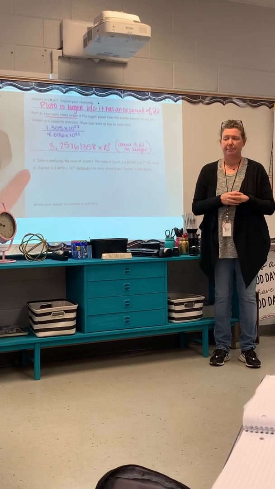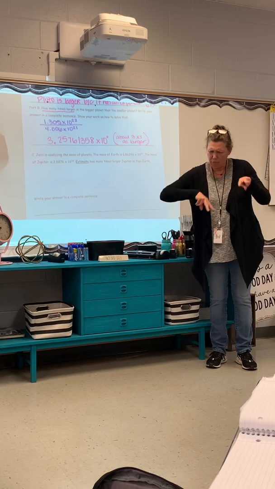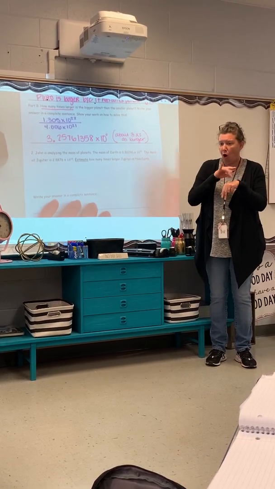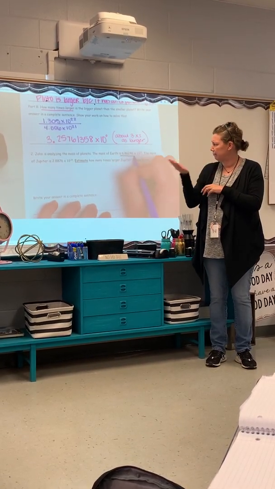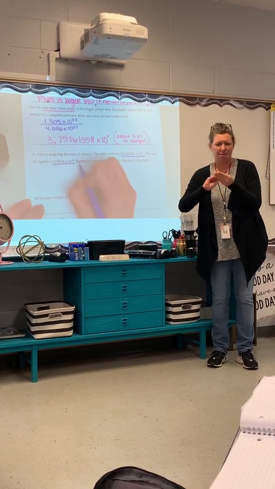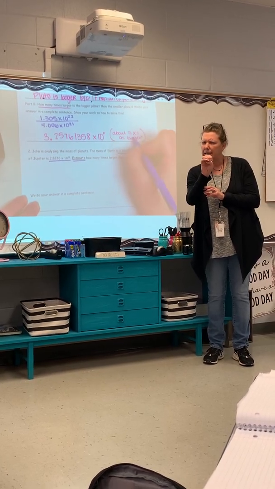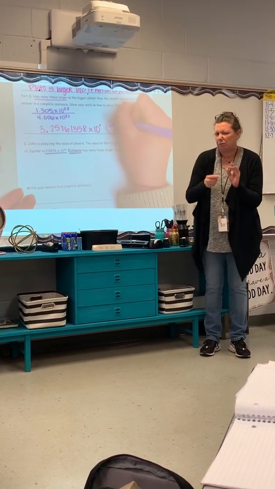All right, let's look at the next one. John is analyzing the mass of planets. The mass of Earth is this number. The mass of Jupiter is this number. They're wanting an estimate, kind of what we did right here, about.